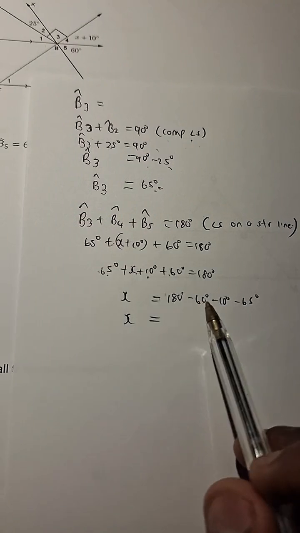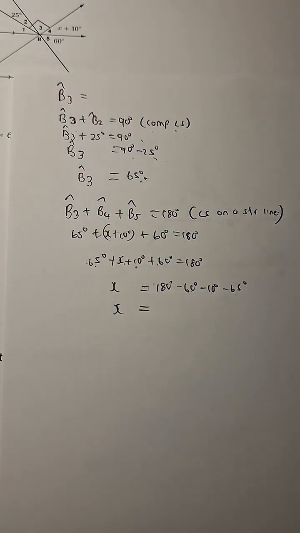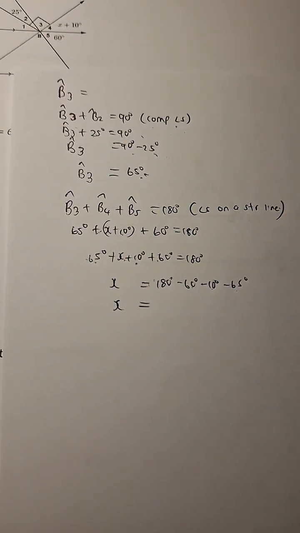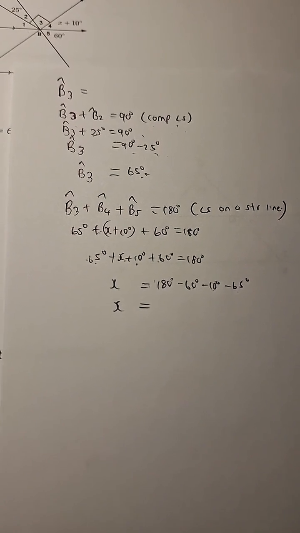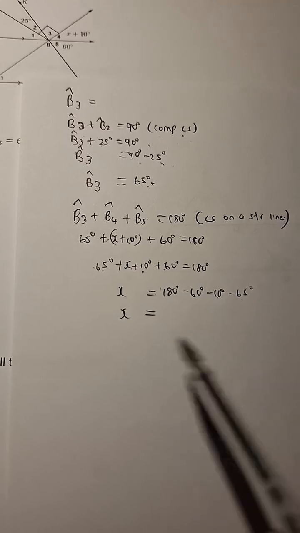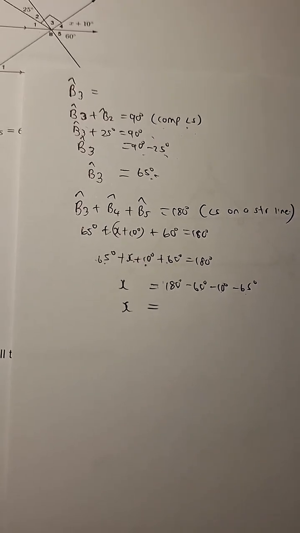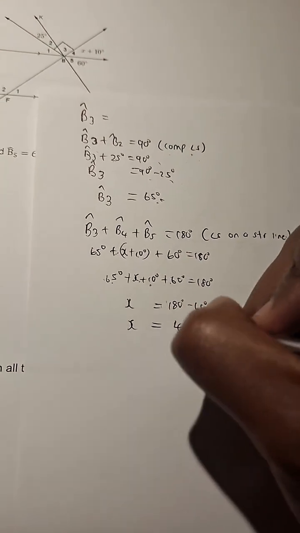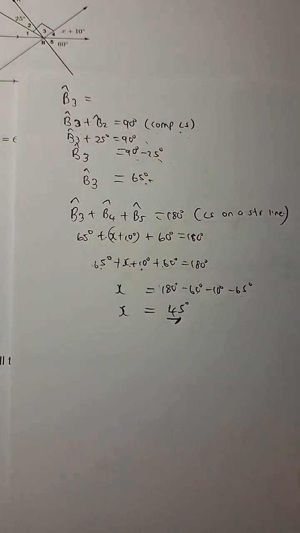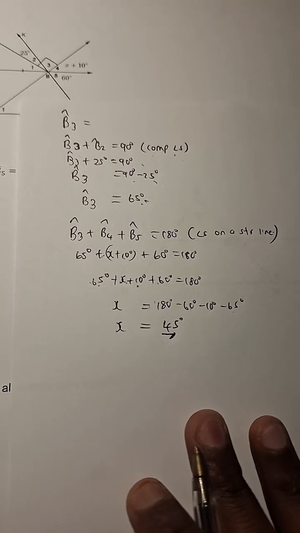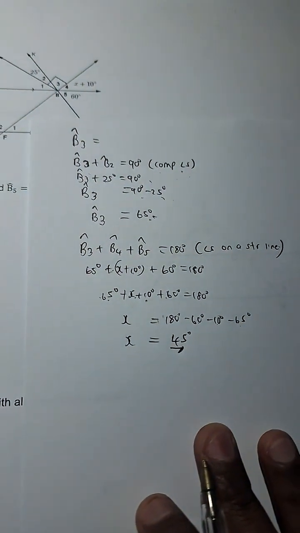What's 180 minus 60 minus 10 minus 65? What is it, guys? 180 minus 135. What do we get? Thank you, Zama. Zama is on the money there. Okay, so x is 45.